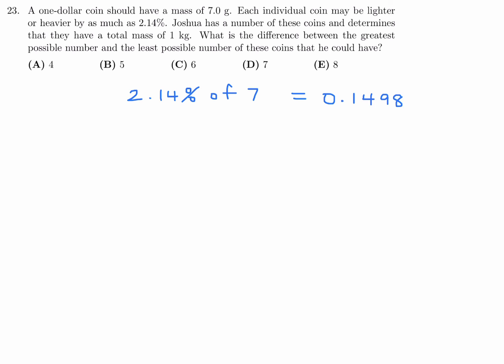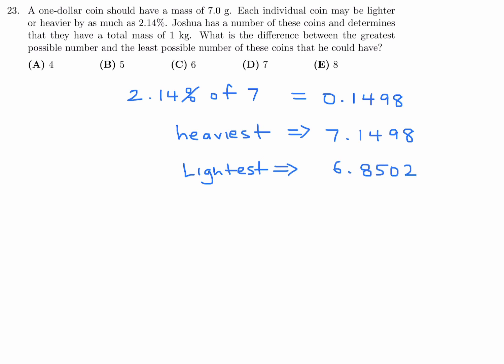So the range in terms of the weight of this coin is the heaviest will be when it is 7 plus this, which is 7.1498. And the lightest that the coin could be is 7 minus that. So that would be 6.8502.